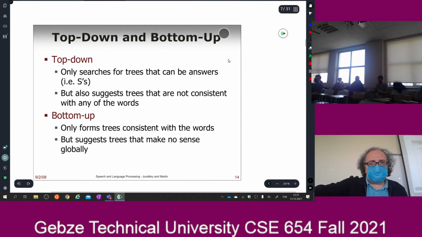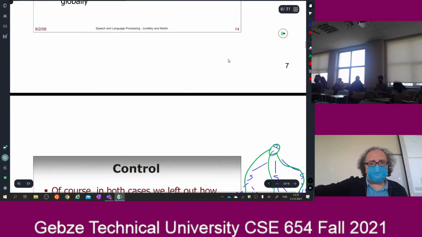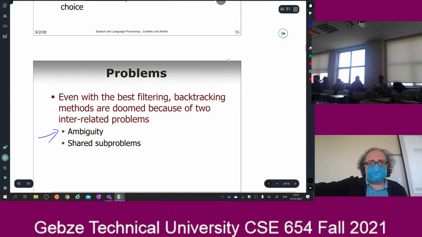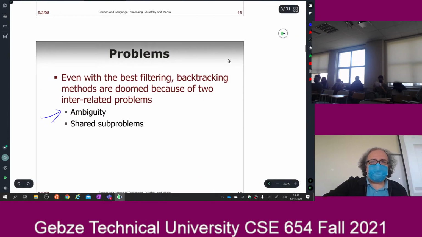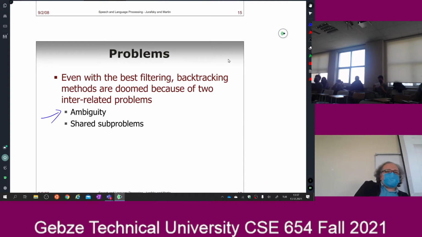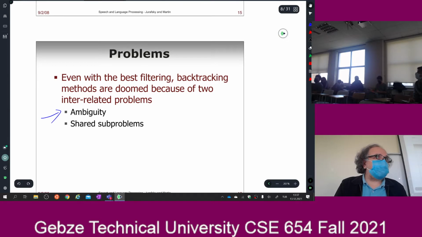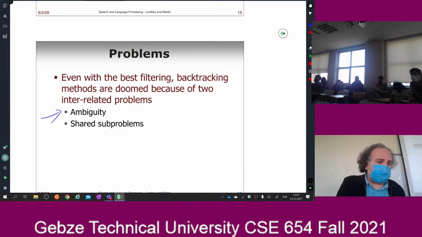So let's do this using an algorithm. And while doing this algorithm, we should not forget about ambiguity, because there is no single way of parsing a sentence. Parsing could be ambiguous.